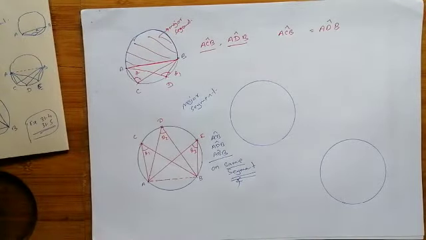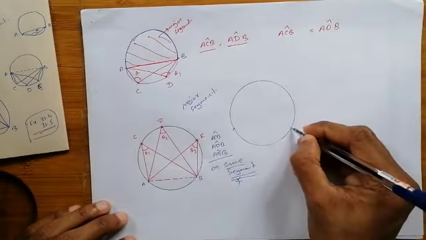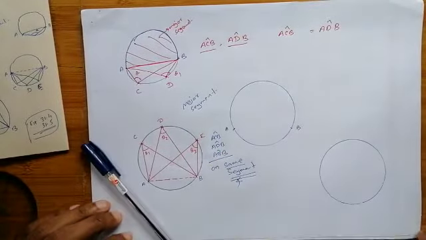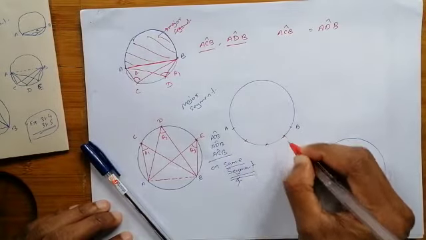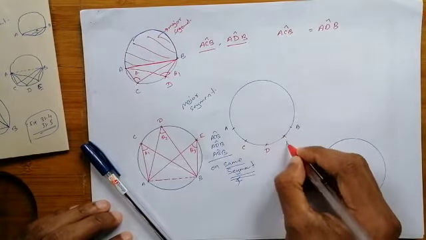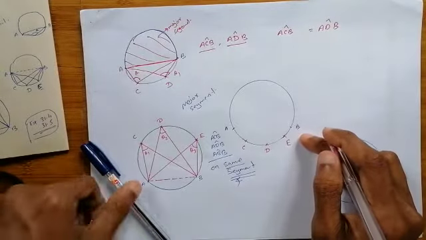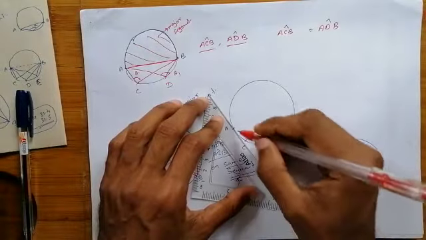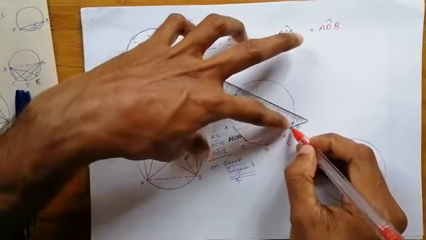Okay, if we consider the major arc AB, and we select 3 points as C, D, E, the major arc AB can form angles on the remaining part.